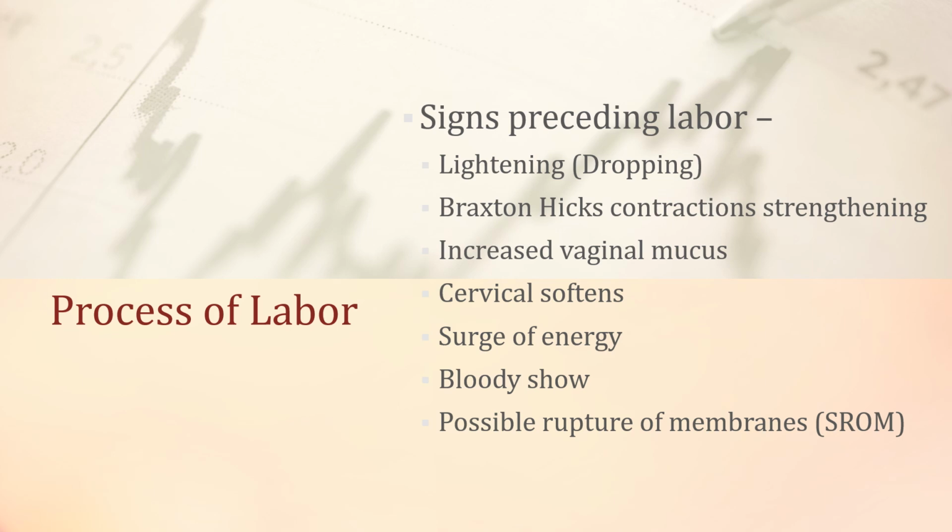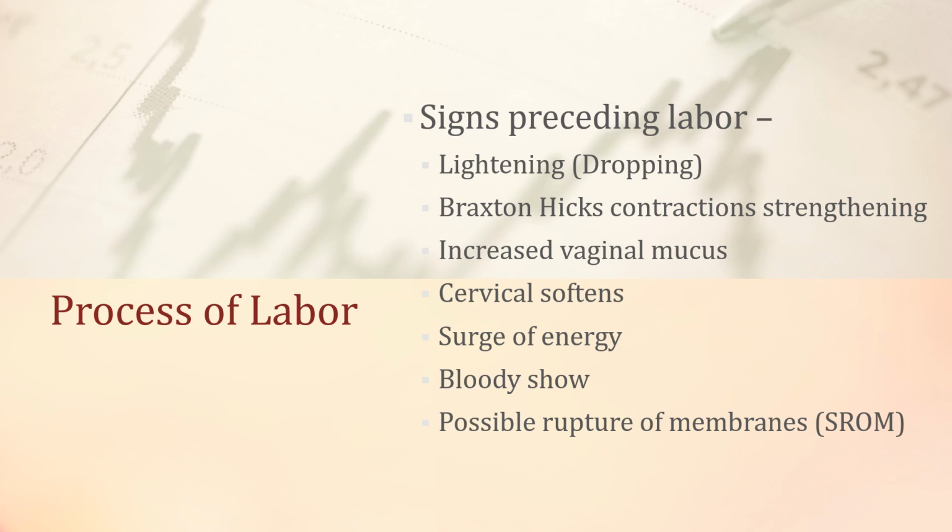So if your cervix is beginning to make changes, including softening, maybe beginning to open up, maybe beginning to thin a little bit, then you might expect to have bloody show leading up to active labor.